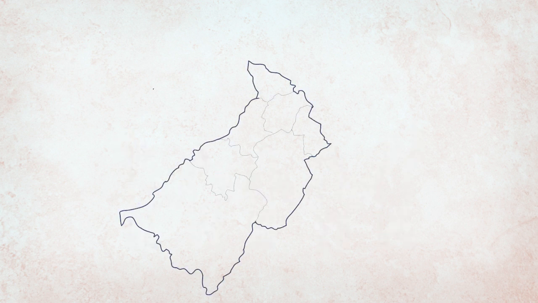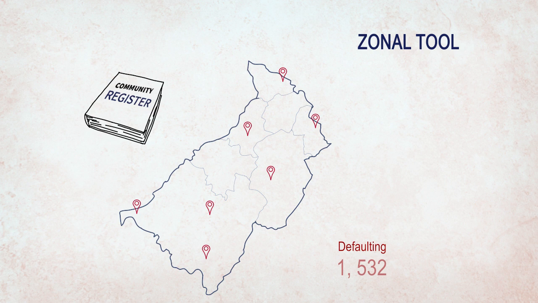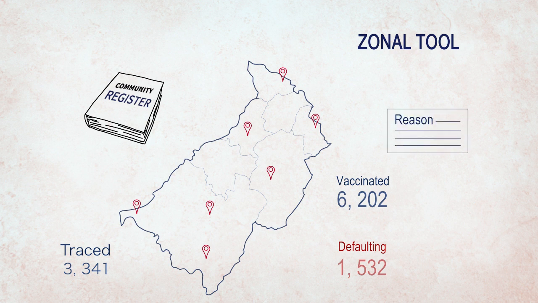The tools include the Community Defaulter Tracing Tool, Zono Tool. This gives demographic information extracted from the community register, reporting timeline, the total number of defaulting children, the total number of children traced, the total number of children vaccinated after being traced, reason for defaulting children, and challenges faced when tracing these children.